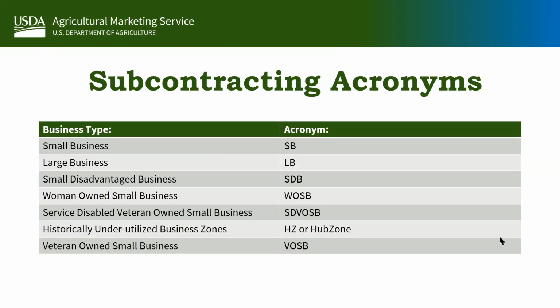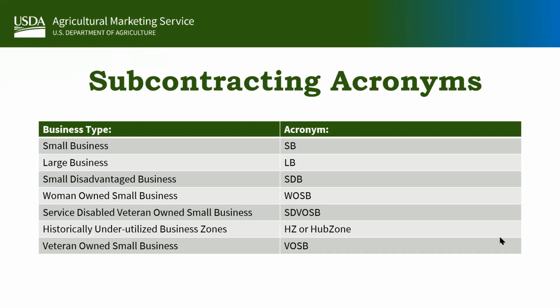And now, as you might know, the federal government loves their acronyms. We've talked about CPP, AMS, OSDW, etc. If you're new to subcontracting, it can be incredibly confusing with the variety of acronyms. So here on the slide are some key acronyms that you will need to familiarize yourself with when discussing subcontracting with various businesses.